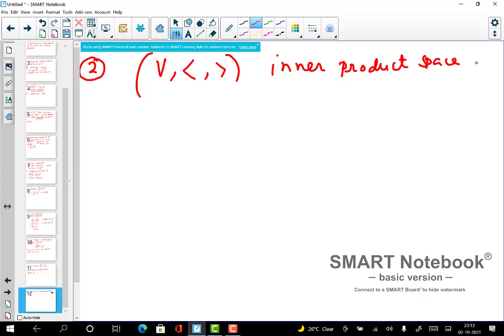Suppose you choose some quantity r, which is a positive real number.